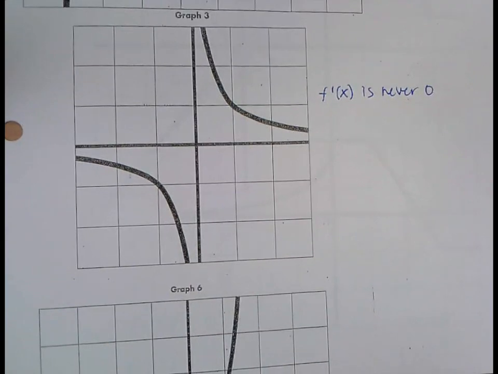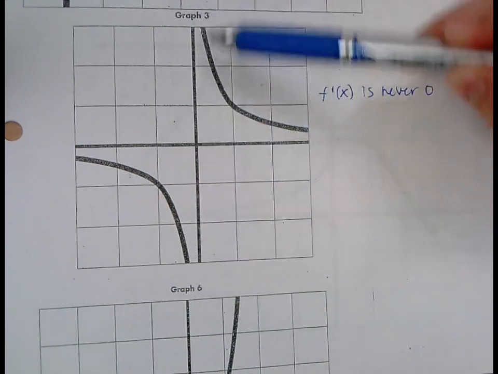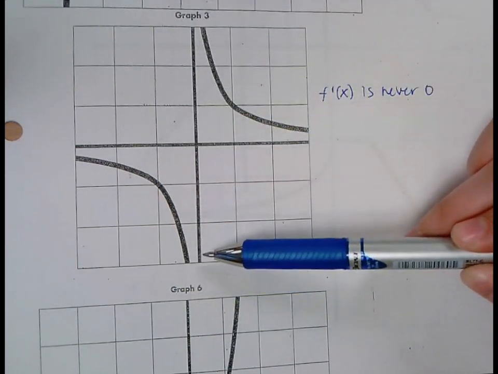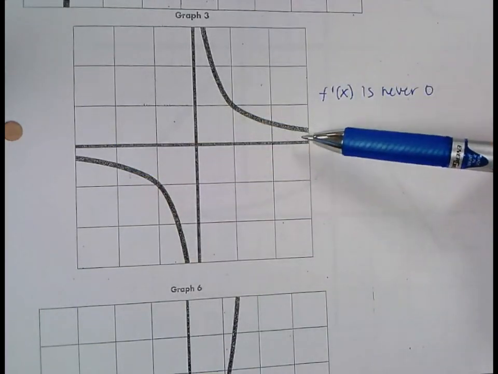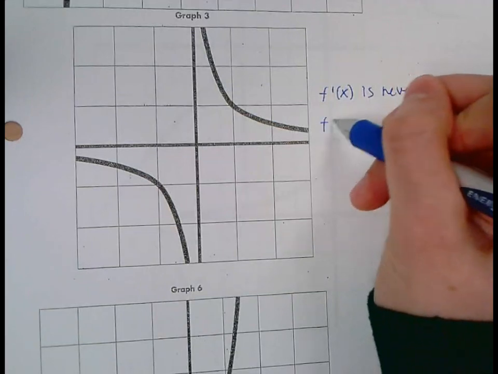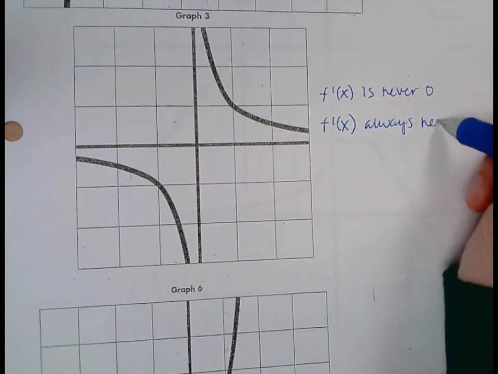And then in terms of increasing, decreasing, what's going on with f here? It's decreasing everywhere on its domain. So because the y-axis is a vertical asymptote for f, it will also be an asymptote for f prime. But both parts of this curve are decreasing. And what does that mean about f prime? It's always negative.